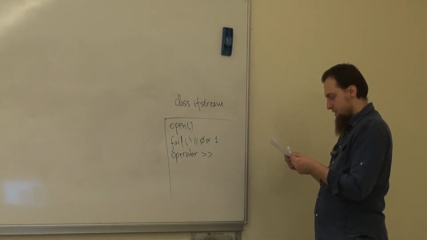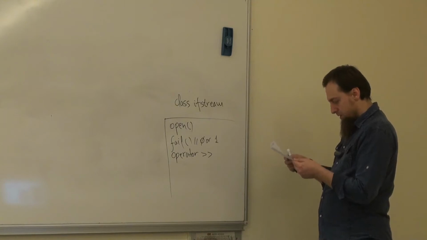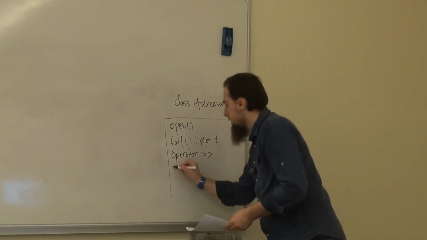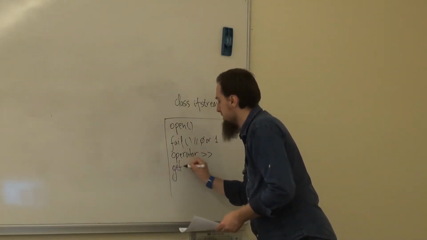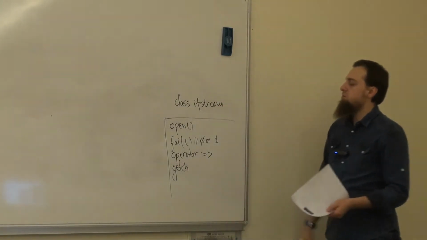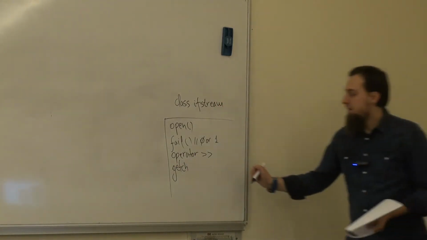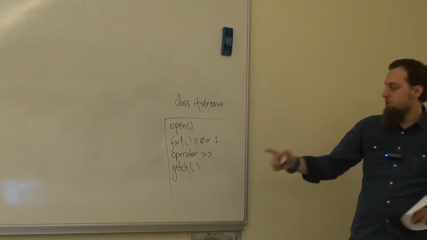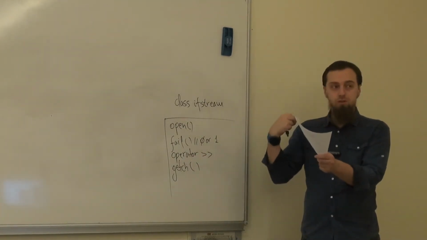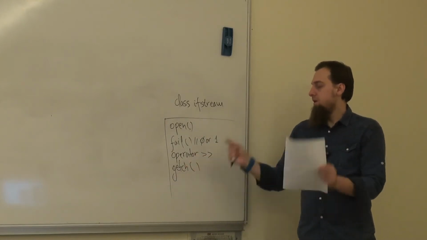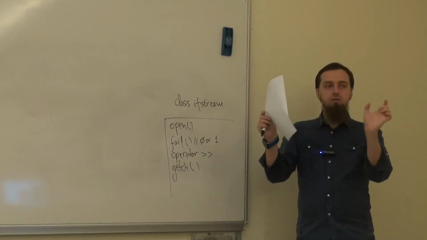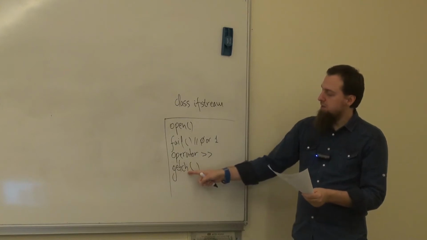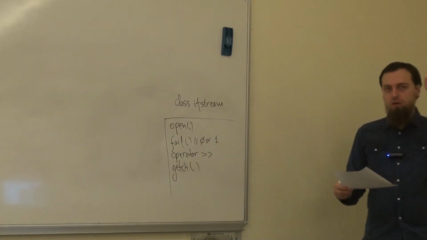There is another member function, so operator >> is also a member function. Get char, get ch. It gets characters. So this one gets words, meaning a bunch of characters separated by empty space. But get ch, get character, takes only 1 character at a time.